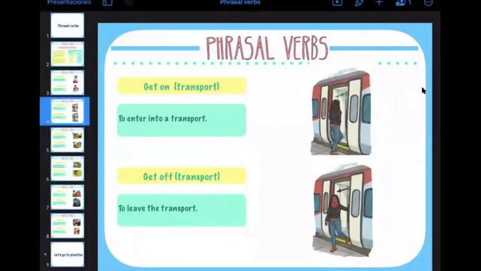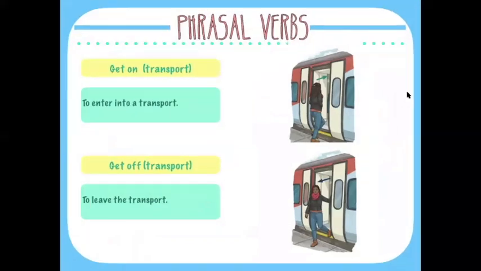Now, can you tell me somebody, Gabriel Bermudez, for example, can you make a sentence using get on or get off, about the pictures? Yes. The girl is getting on a transport, a train.